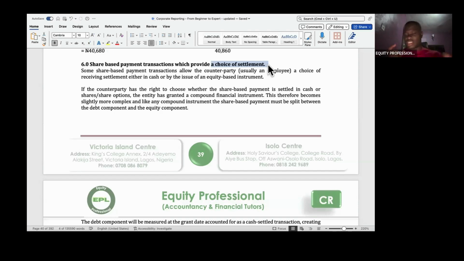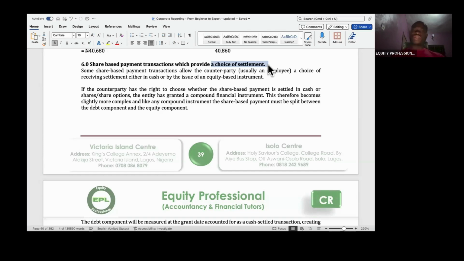It will not change, at least provided that no employees are leaving, that the estimate is that everybody will vest. The equity settled will not change because it's measured at the fair value of the option at the grant date. So just what we have been doing before.